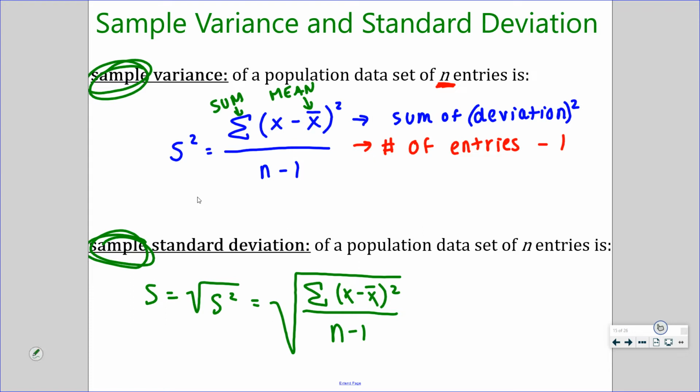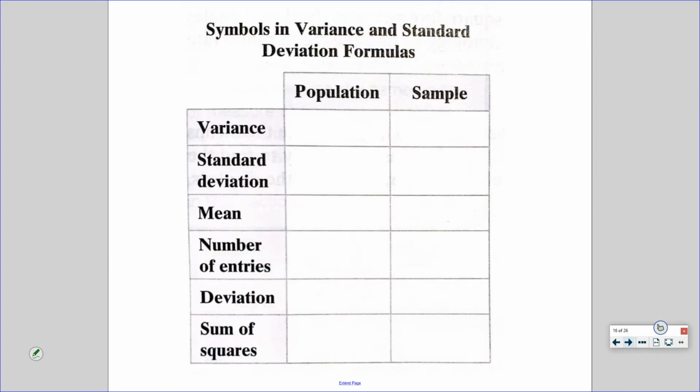We'll try one in a second, but first let's fill in these symbols, because it is kind of confusing. They use different symbols depending on if we're calculating statistics for a population or just a sample. For variance, if we're talking about a population, that's sigma squared. A sample is just a lowercase s squared.